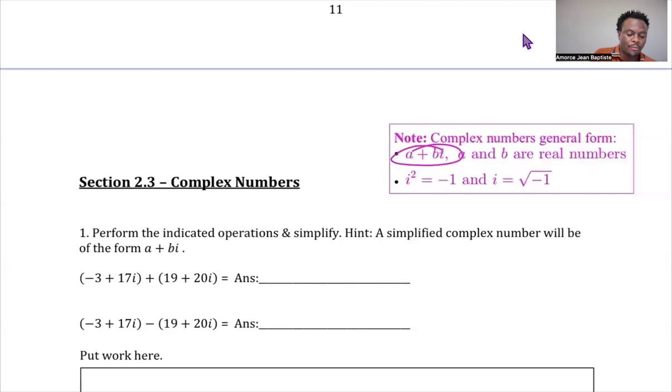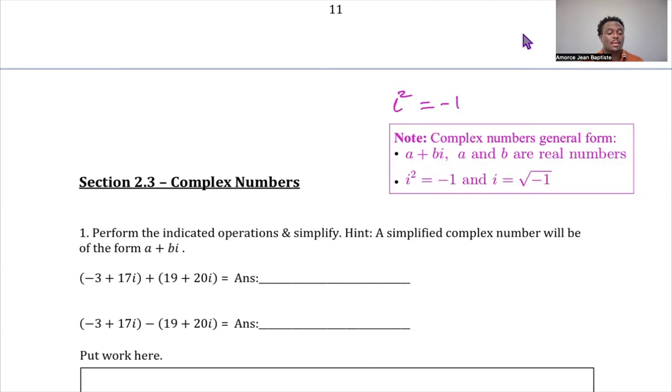And then we have to know that i is the only number that when you square it, you get a negative one. That's what makes it complex, because any real number, when you square it, the result is positive.